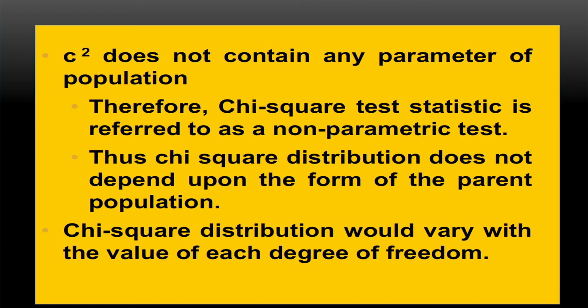This chi-square distribution does not depend upon the form of the parent population. 5. There are many chi-square distributions. As with the t distribution, there is a different chi-square distribution for the value of each degree of freedom.